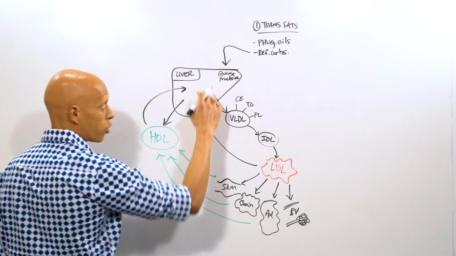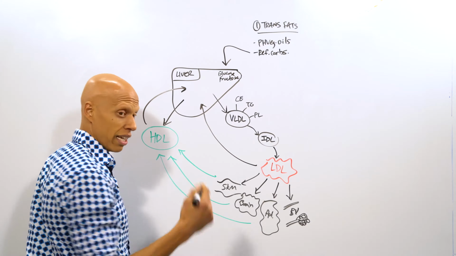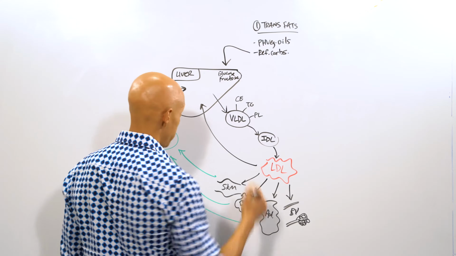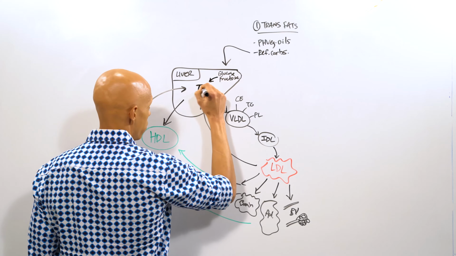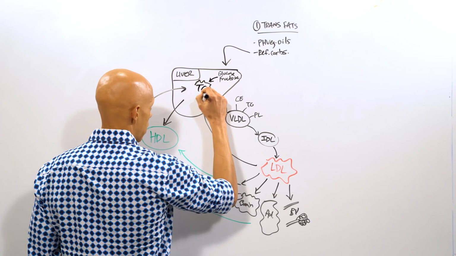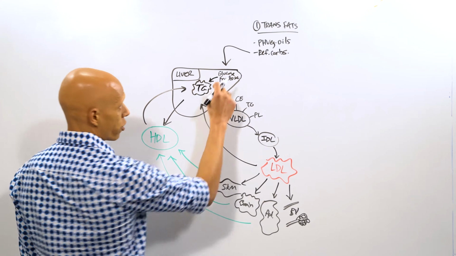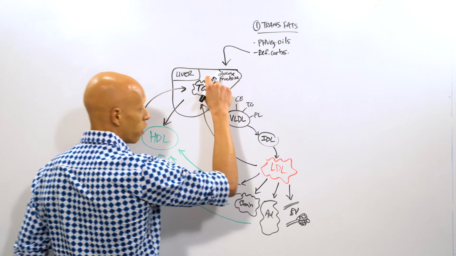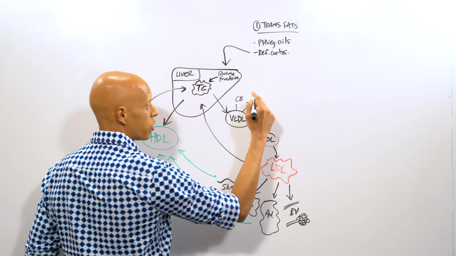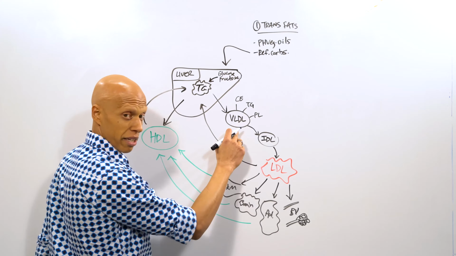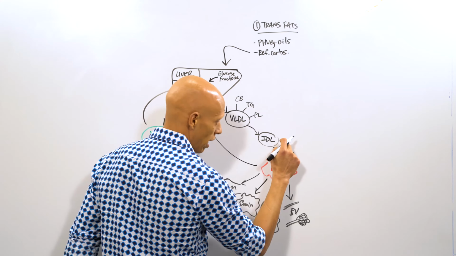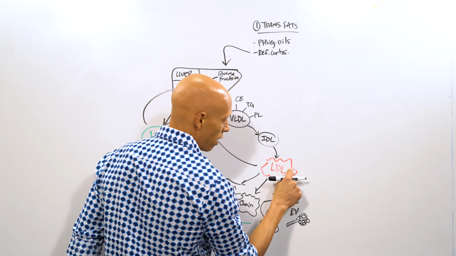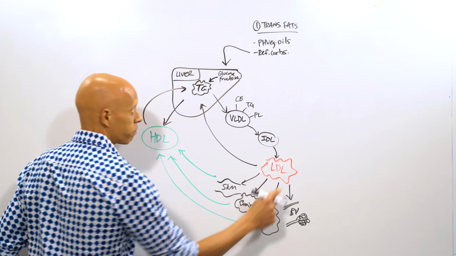And when large quantities of glucose and fructose come into your liver from refined sources, they increase your liver's triglyceride content. The more triglyceride that's present in your liver, the more triglyceride you secrete in VLDL particles, which then leads to an increased concentration of IDL and therefore more LDL.